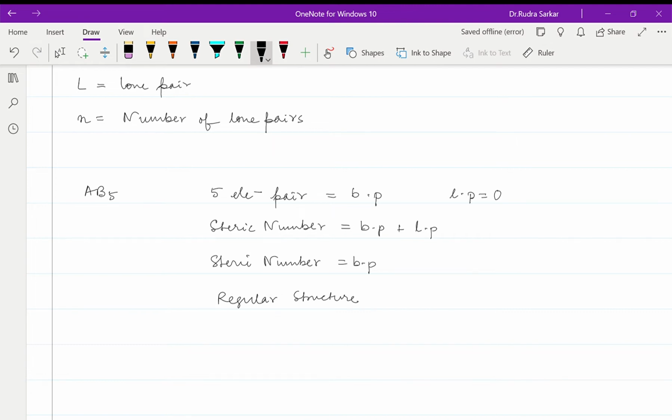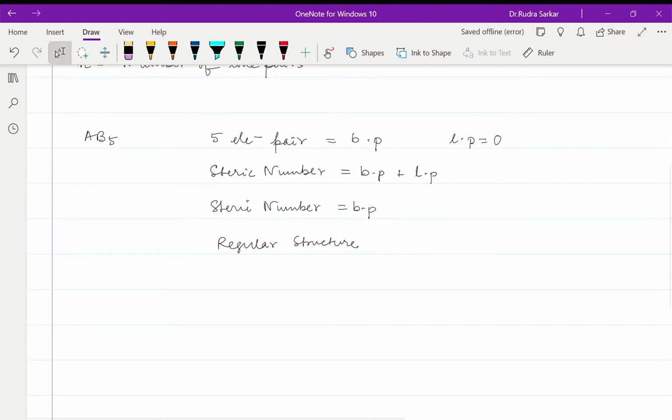Okay, where I will say the shape of the molecule will be equal to the geometry of the hybridized orbitals. Okay, that is what I mean.